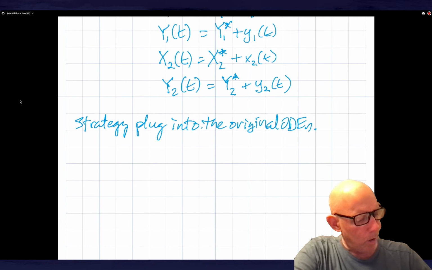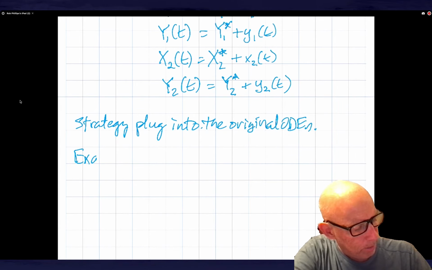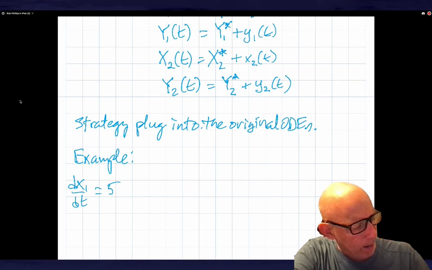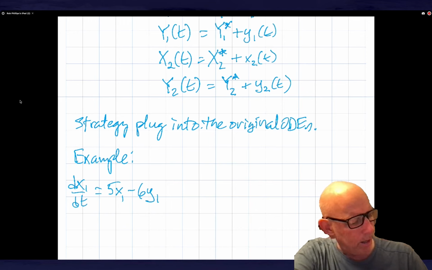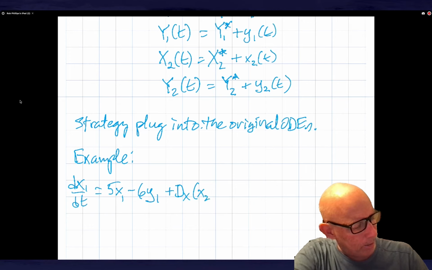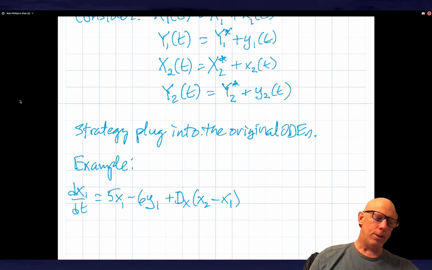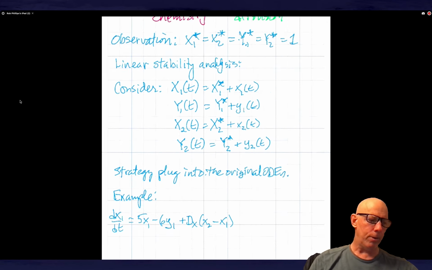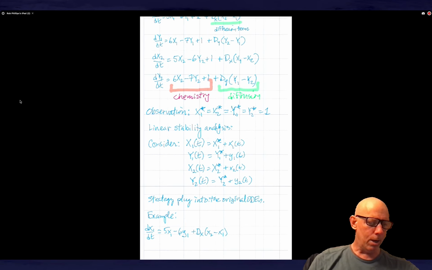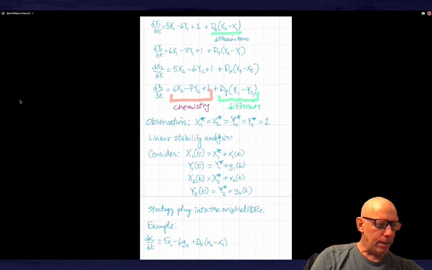and I will do one of them for you. So for example, the first equation. I have dx1 by dt, and that's going to be 5 little x1 minus 6 little y1, and then plus dx times little x2 minus little x1. How did I do that? I simply imitated what I did in the previous case. Let's just stare at how that would go.